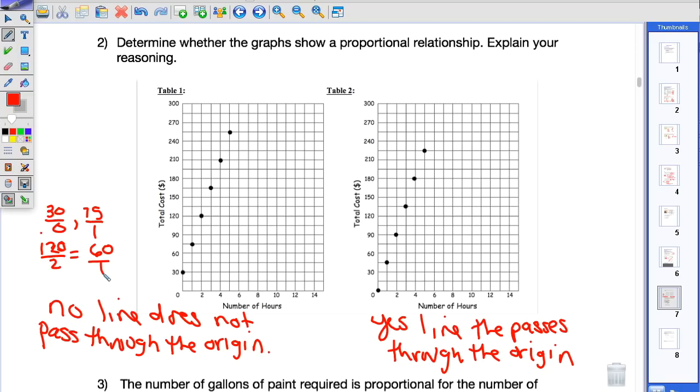So when we find the constant of proportionality, it's not proportional. In the second table, when we have 1 hour, we have earned $45. 2 hours, 90 over 2, which gives you 45 over 1. So we can see already that they are proportional.